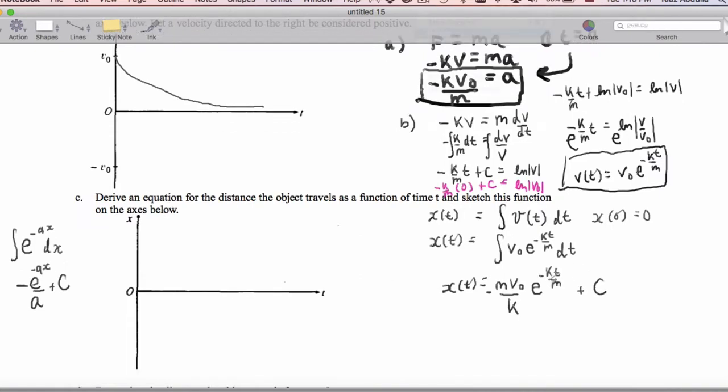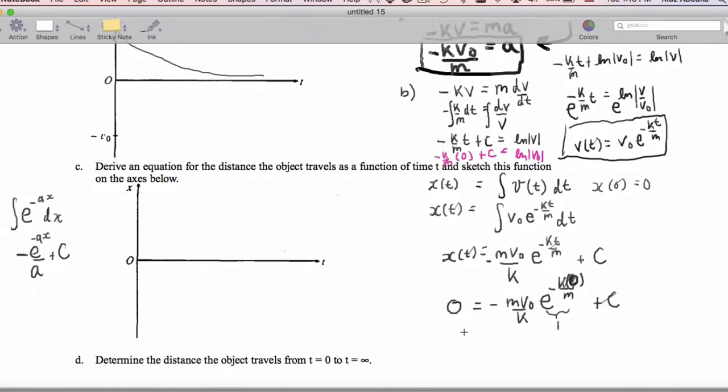And now we're going to go ahead and solve for c. So we know that 0 equals negative m v naught over k times e to the negative kt over m, and I'll put 0 in for t, plus c. This will reduce to the number 1.